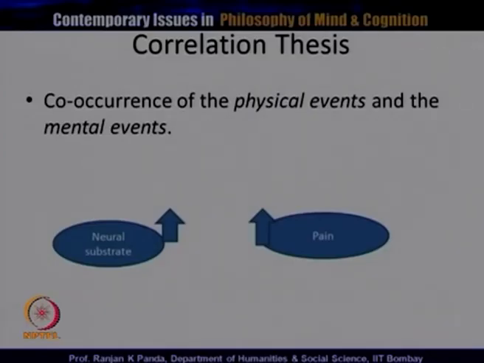The very fact that these sensations are nothing but mental events, the nomological coextensive theory suggests that these two events are co-occurring, they are occurring at a particular time, say t, not one after the other.